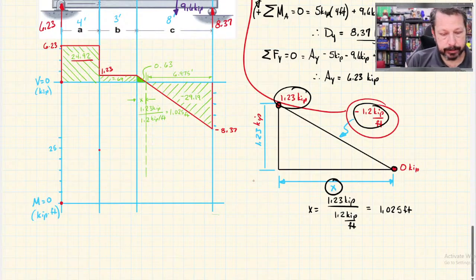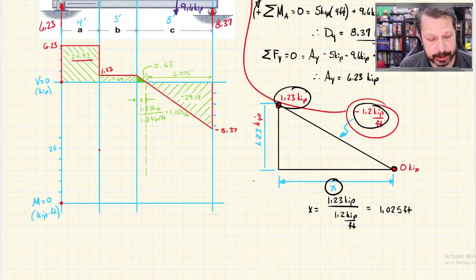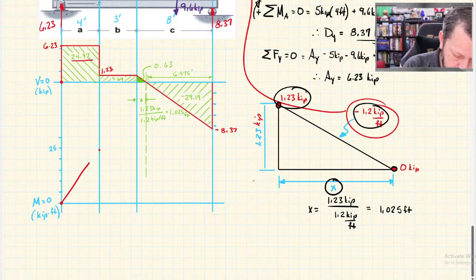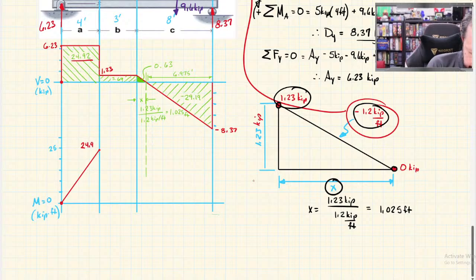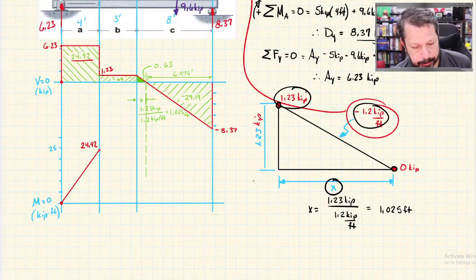In this region, I have a constant shear, so I have a constant slope, which is a straight line. And I just connect the dots. So now I'm at 24.92. Okay. Now for the next section, I've got another little rectangle in my shear diagram, and I'm adding 3.69 kip feet. It would be the units.